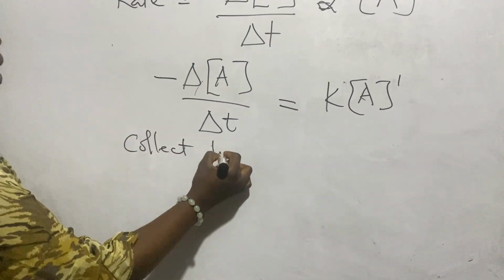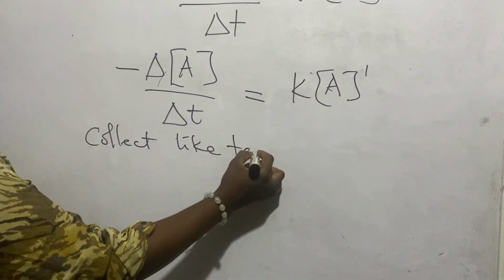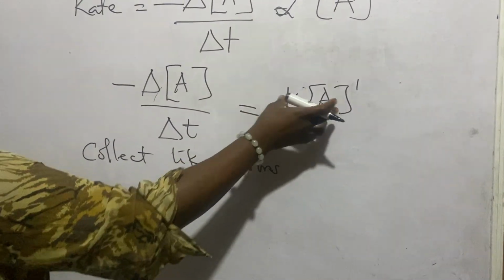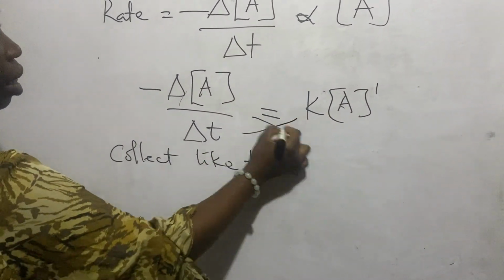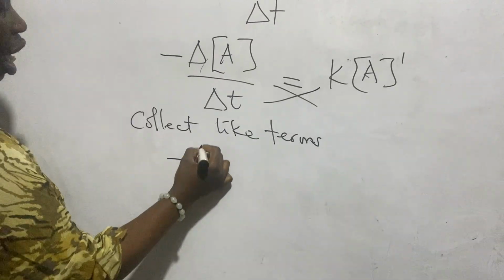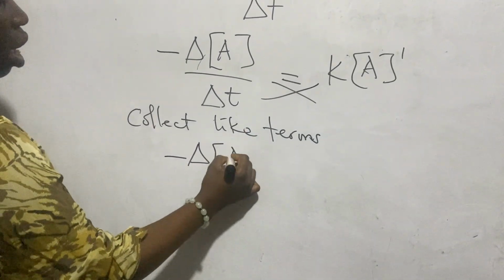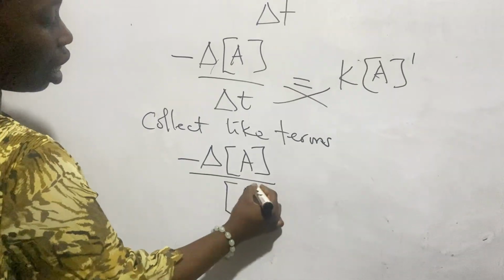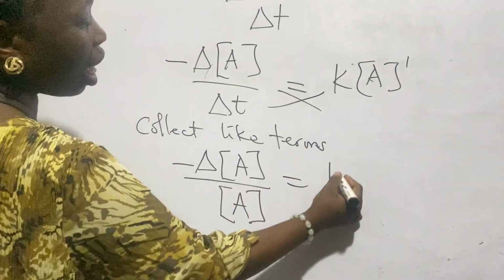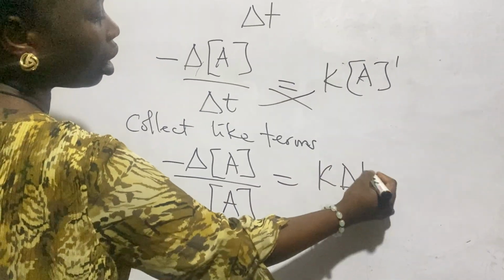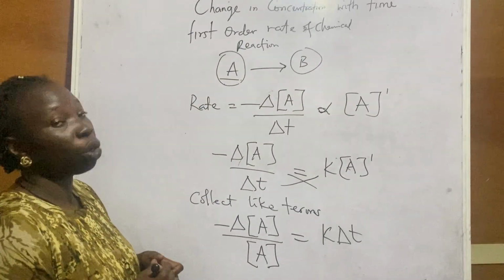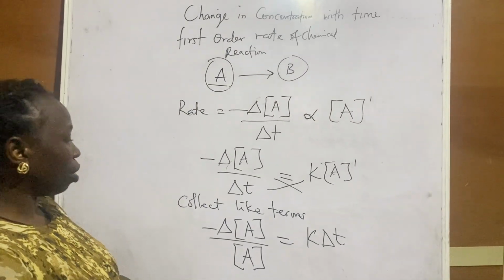That means where the A, then the other value go by cross multiplying. That means minus change in the concentration of A all over change in A equals K change in T. T is the time taken because we are talking about change in concentration with time.